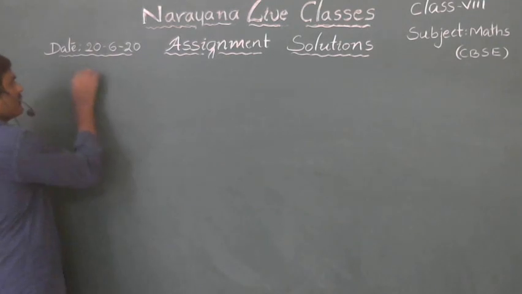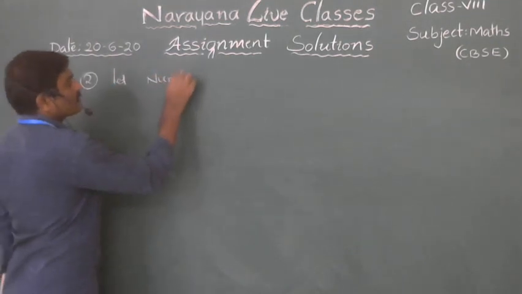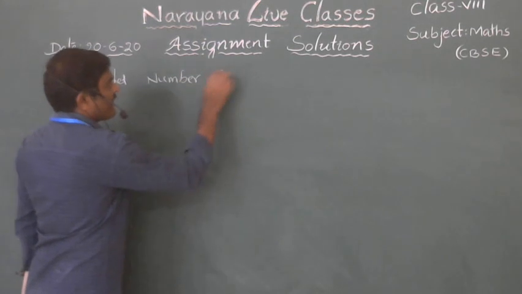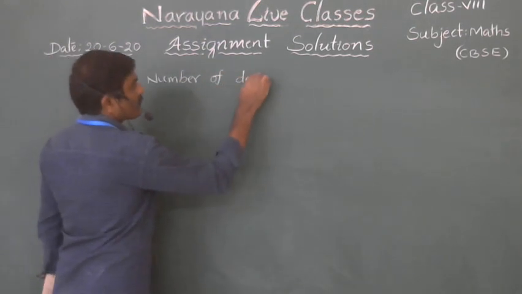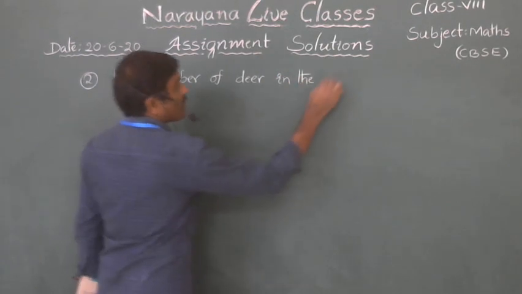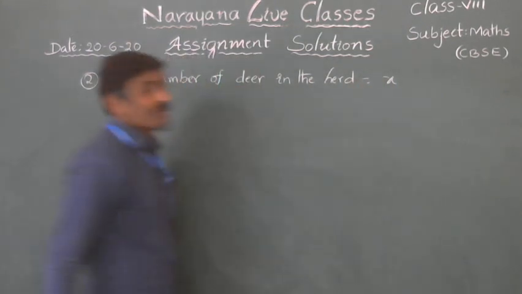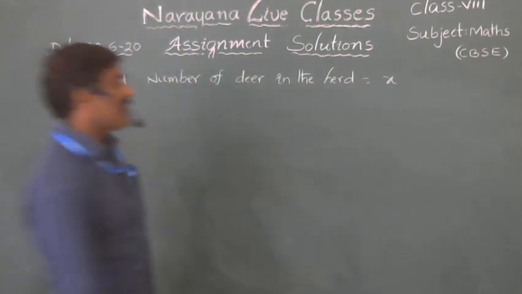Let the number of deer in the herd be x. So according to the problem, what is given here?